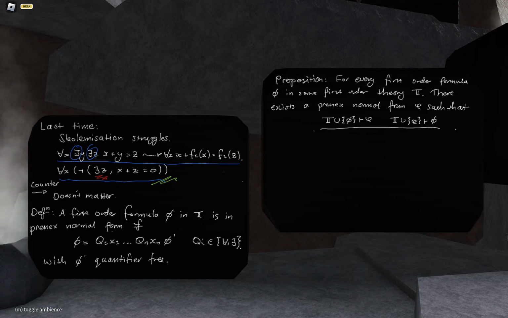So I'm just going to be assuming that we are dealing with first order theories where all of the formulas are in prenex normal form. Okay, so that's the goal. We'll start with the lemma, which relates a first order theory to its Skolemization.